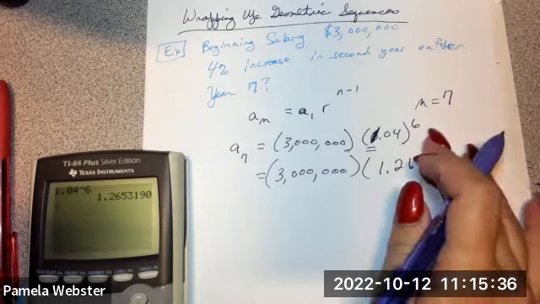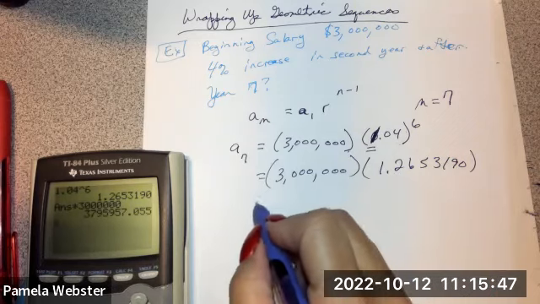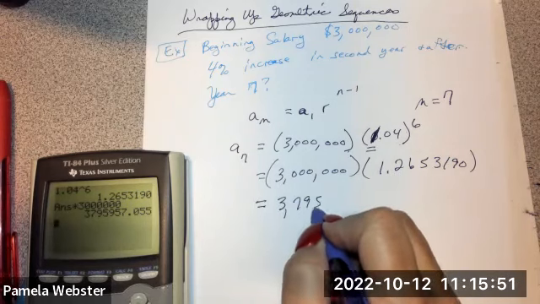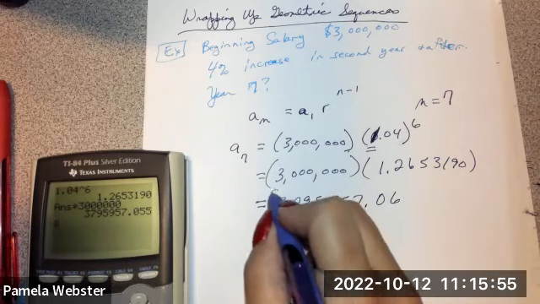So that's what 1.04 to the 6 is. And then I'm going to multiply it by $3 million. I want to get enough zeros in there this time, honest. Okay, there we go. So what we're saying is he's going to be making $3,795,957. And it looks like 6 cents.